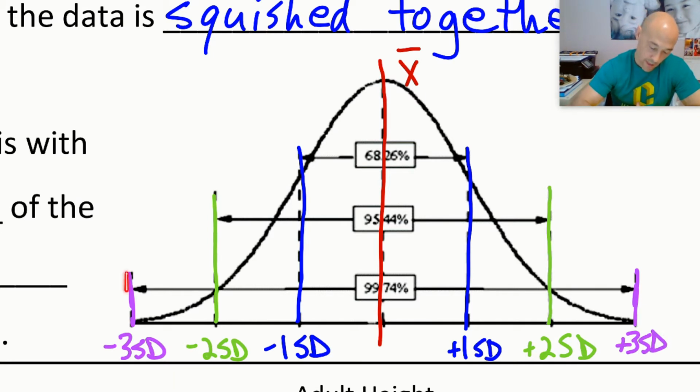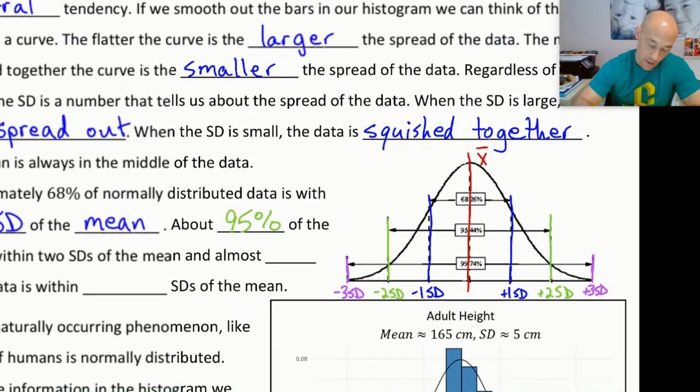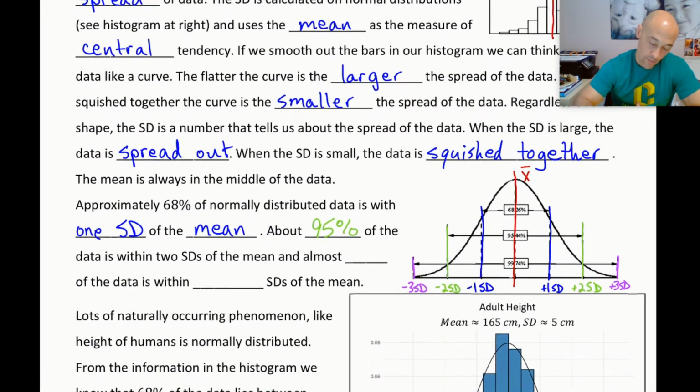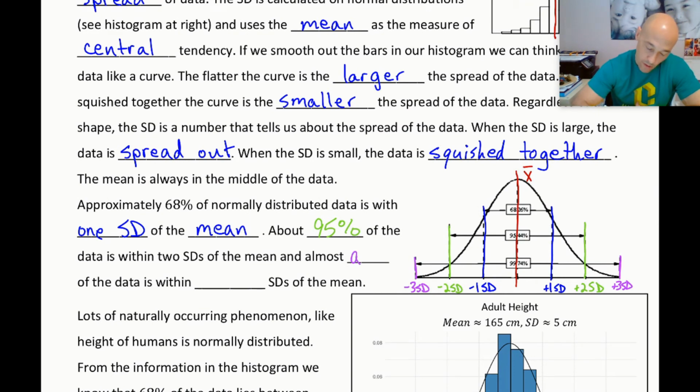So this is 3 standard deviations below and 3 standard deviations above the mean. So almost all of the data is within 3 standard deviations of the mean.